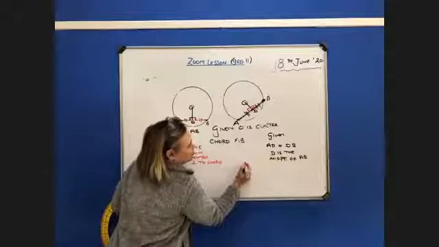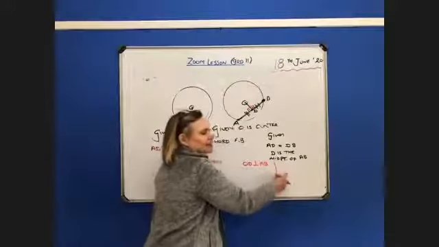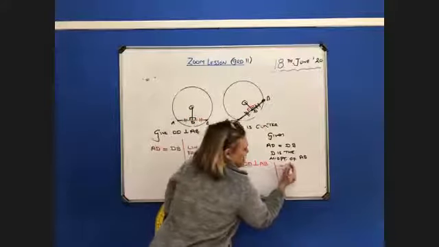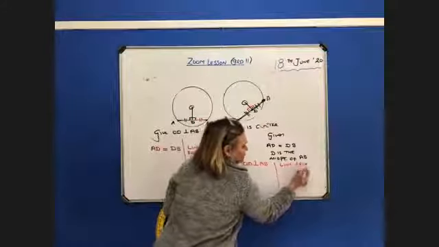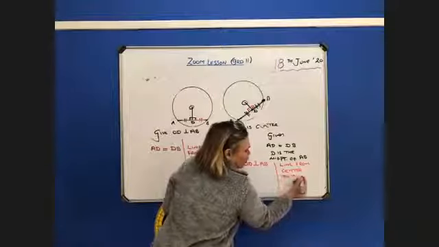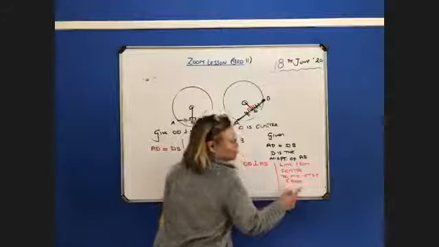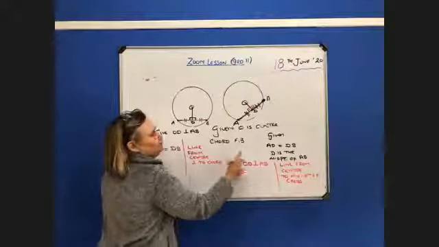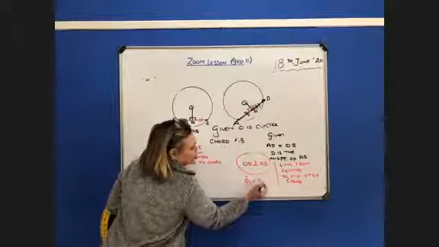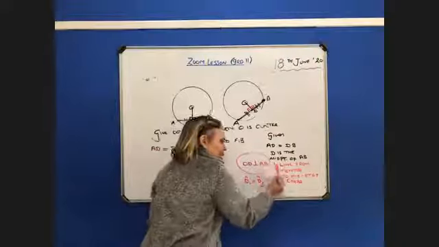So my conclusion is you could either say OD is perpendicular to AB. Now your reason is what you were given in black. So that would be line from center to midpoint of chord. That's what you were given, so that is your reason. I often would, rather than say that, say D1 hat equals D2 hat, which is 90 degrees. They're 90 degrees for the same reason.